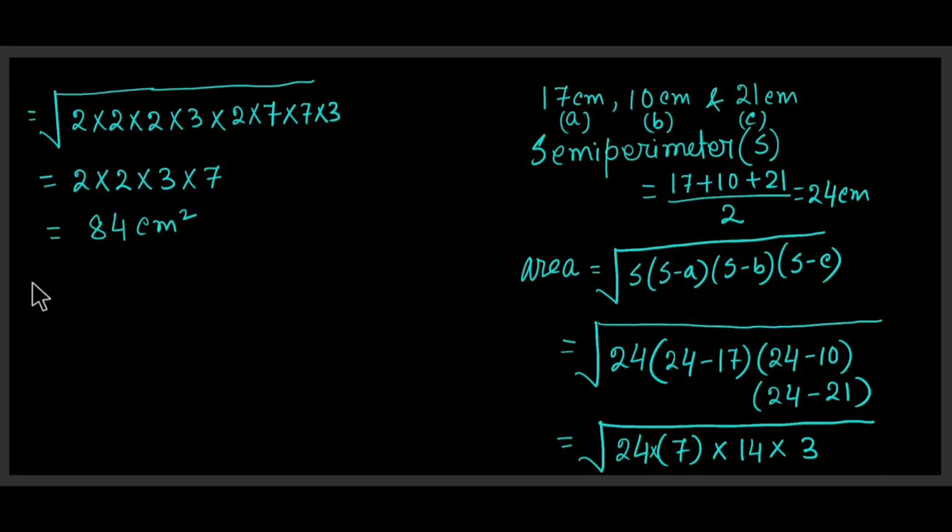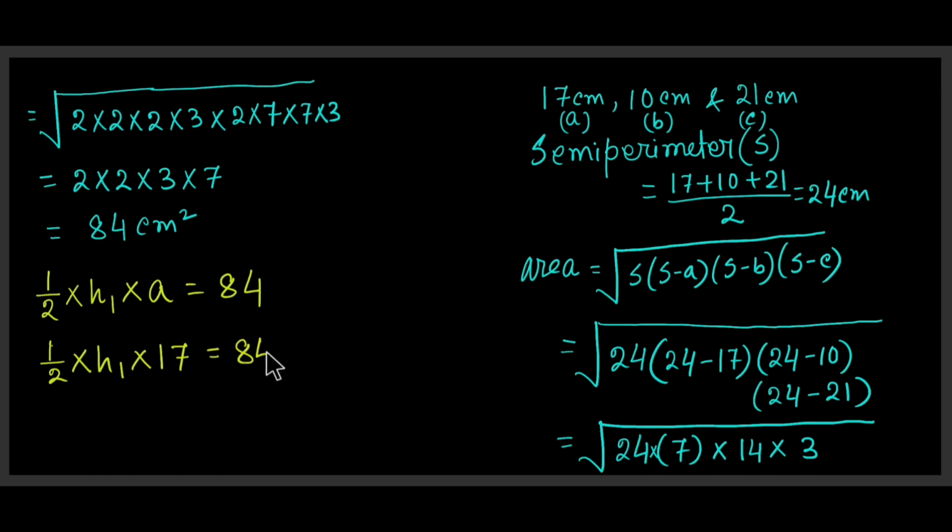Now we can write that 1 by 2 into h1 into a equal to 84, where h1 is the altitude to a. Now assuming that a is 17, we can write 17 in the place of a, and now h1 is 168 by 17, which is approximately 9.88 centimeter.